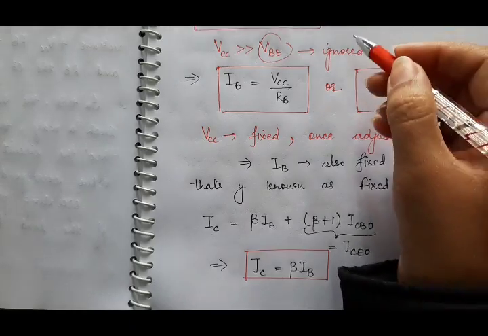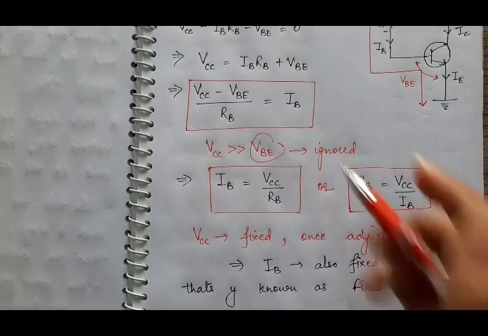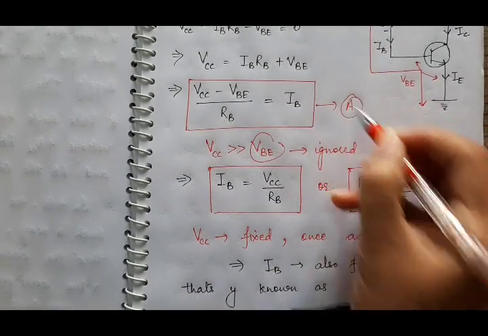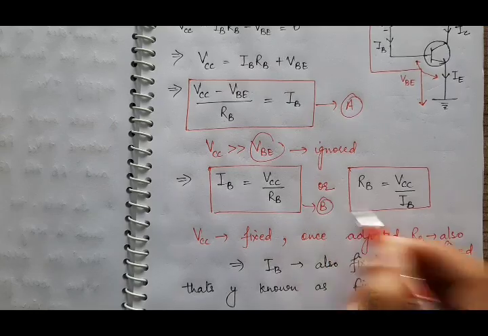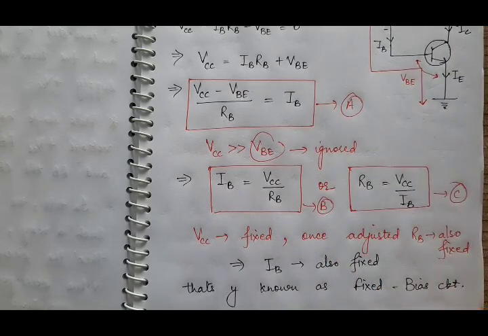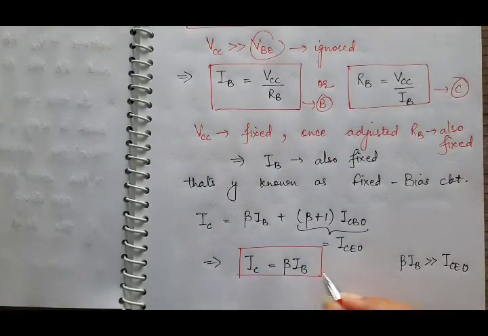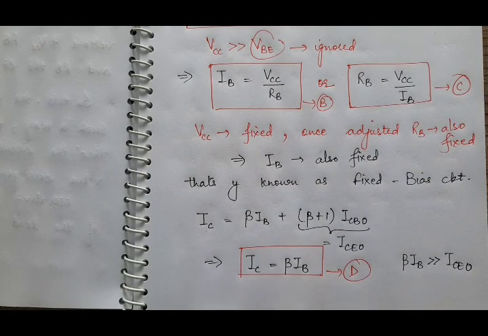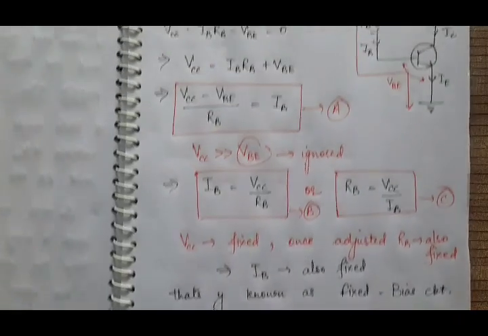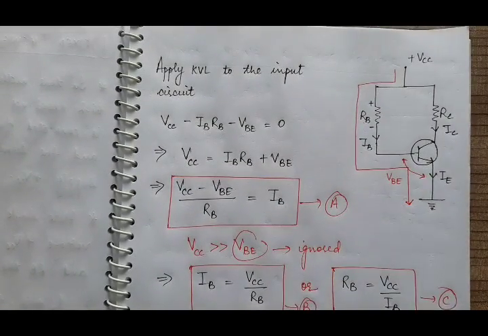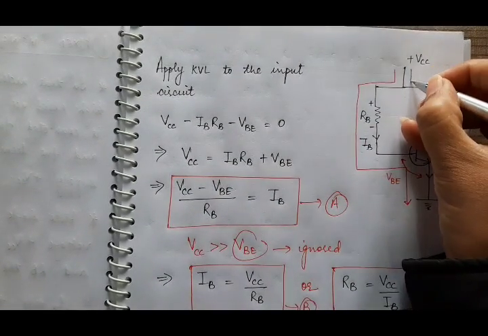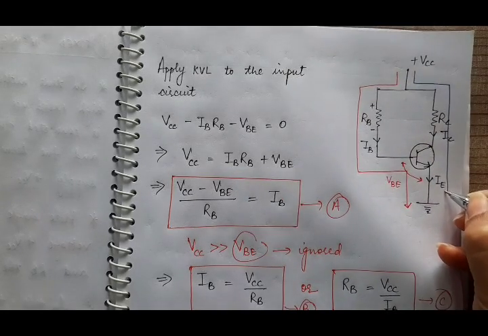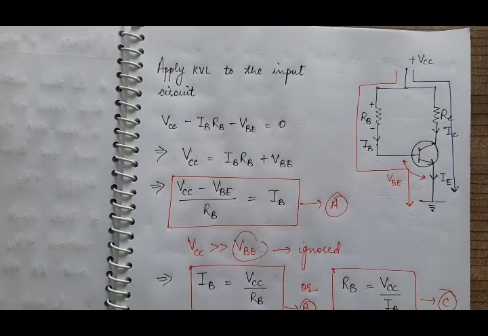And suppose this was our equation A, this was our equation B, this was our equation C, and this is our equation D. Now apply Kirchhoff's voltage law to the output circuit. What is the output circuit? This is the output circuit.